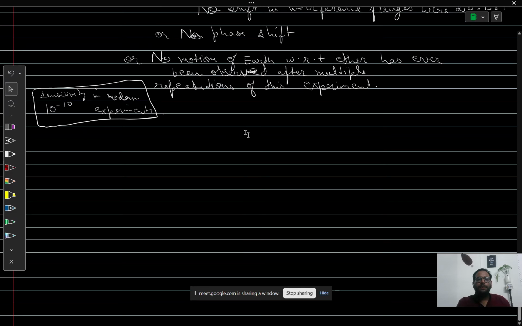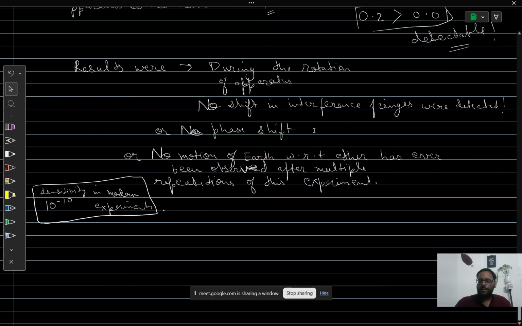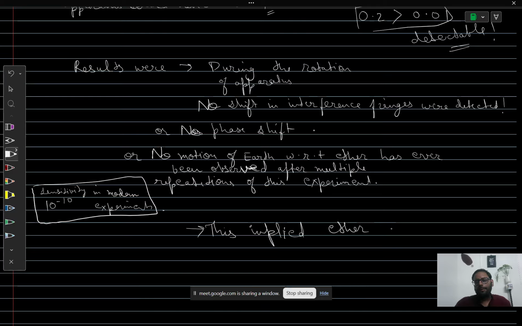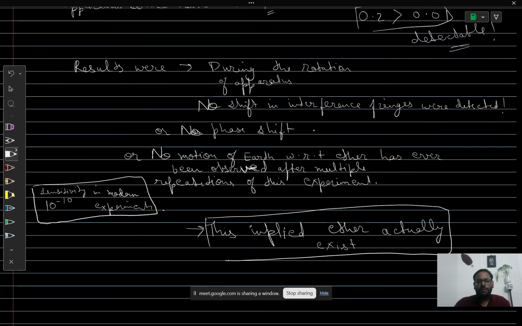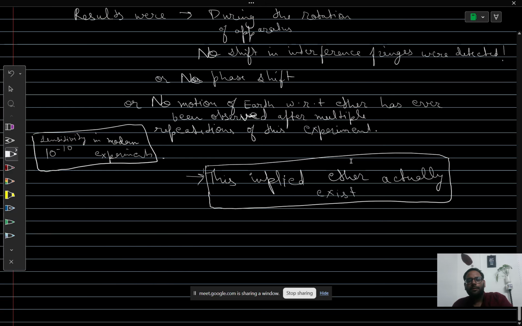And how did people try to save this ether theory? Because this implied ether actually does not exist. There are more explanations of these kinds of results of the Michelson-Morley experiment, but they are all discarded.